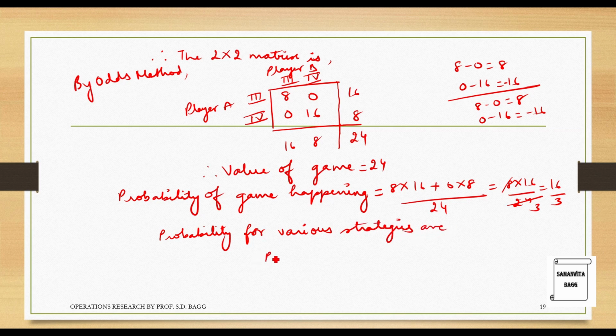So when I have P of A3, this is 16 by 24, which is 2 by 3.